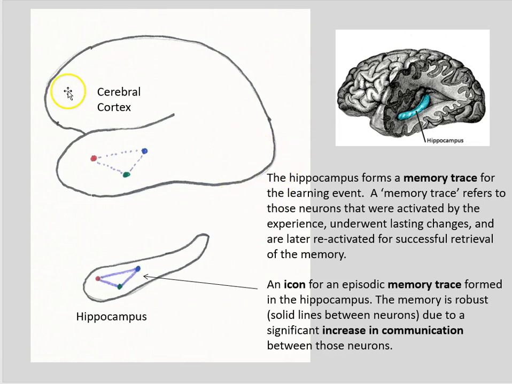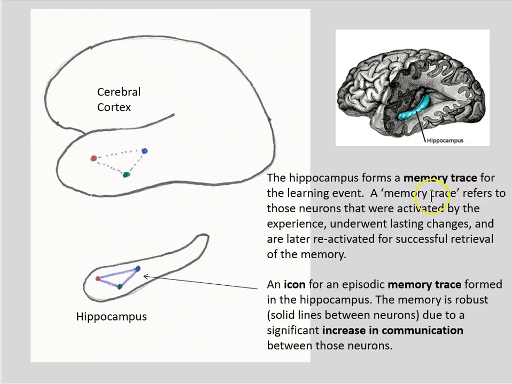Now, let's add the cortex to the picture, and what we've done here is pulled out the hippocampus. Remember, normally it resides underneath the temporal cortex. So here we have the hippocampus, and we're going to say it forms a memory trace for the learning event. In other words, a certain set of hippocampal neurons are going to respond to the learning event, and then they're going to change in important ways.